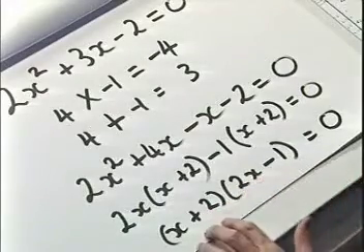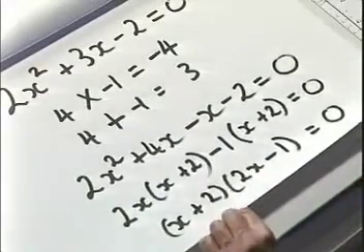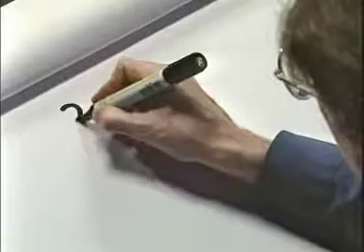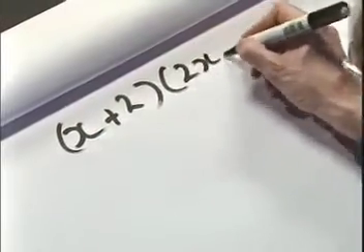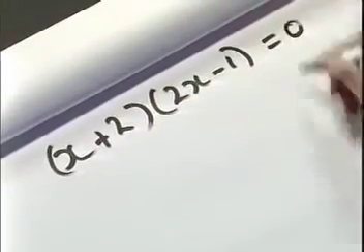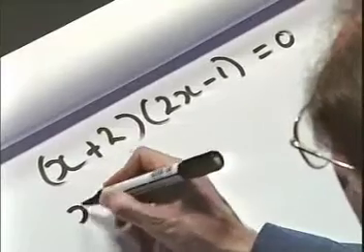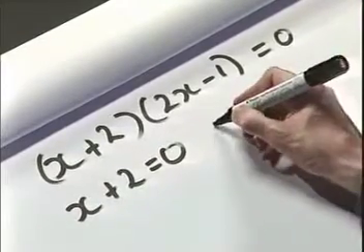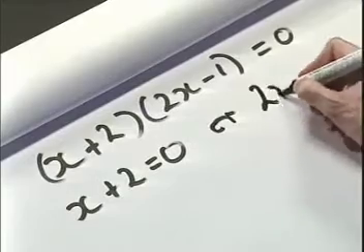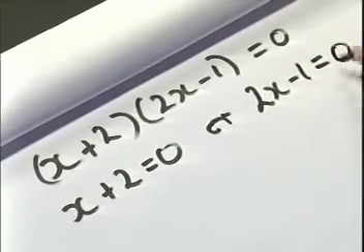So one of these has got to be 0, or possibly both of them. So let's write that down again. x plus 2 times 2x minus 1 equals 0. So either x plus 2 is 0, or 2x minus 1 is 0.